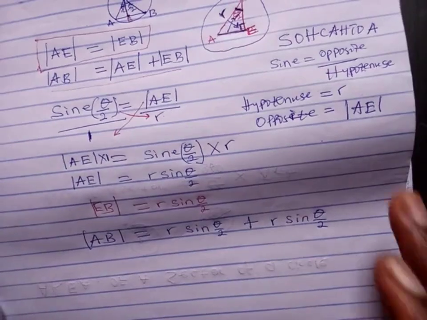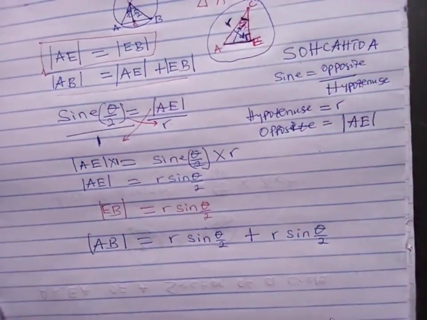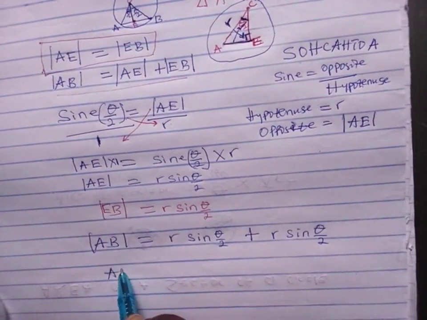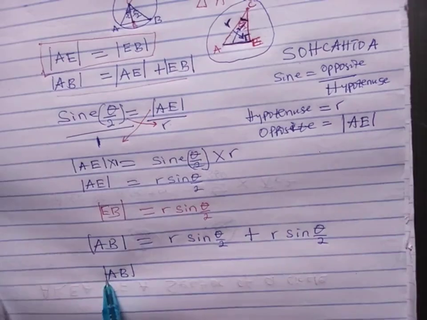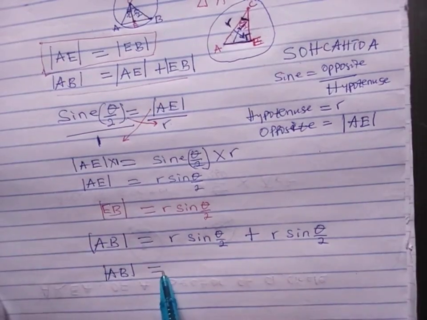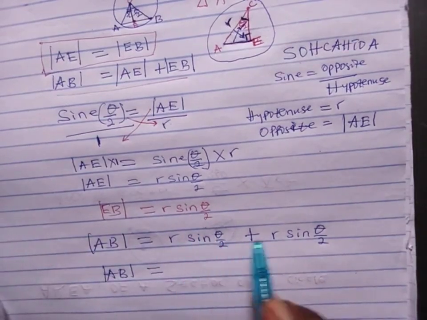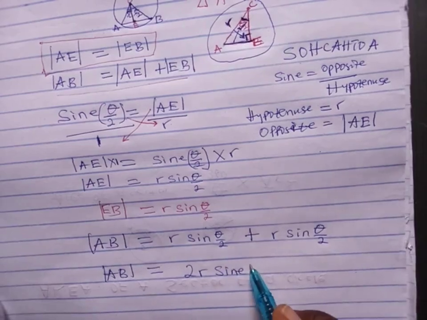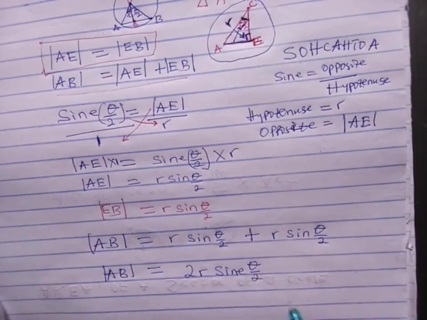So now let's add up. When we add up, this is what we're going to get: line AB, which is the chord we are interested in, is going to be equal to 2R sine theta over 2.